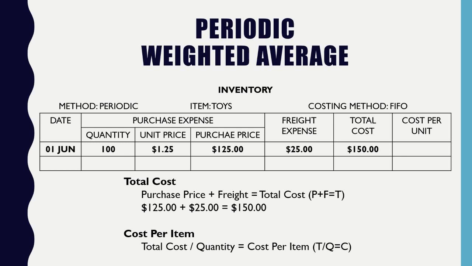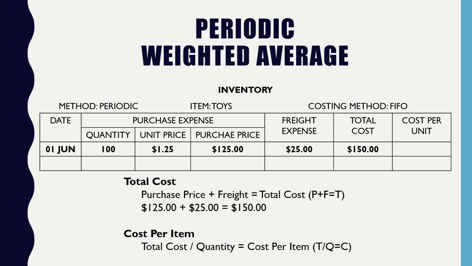So the rule of thumb is you should calculate the cost per item if you know for a fact that this is the only batch of inventory that you have. But for this example, we're going with a scenario where we will be making future purchases, so no, you don't necessarily need to solve for the cost per item, because that's not what we're solving for.